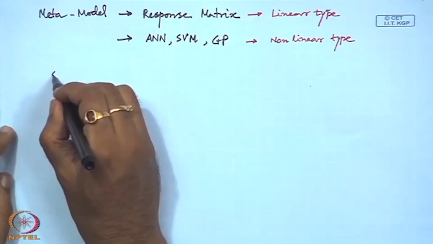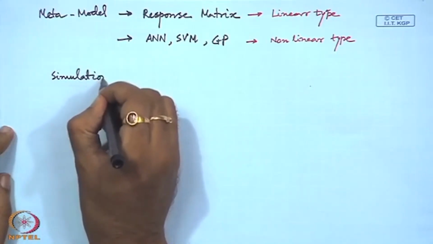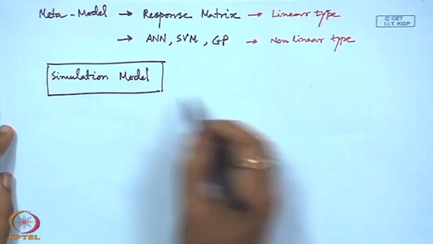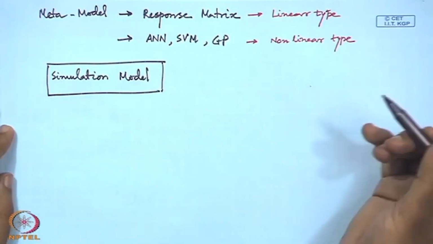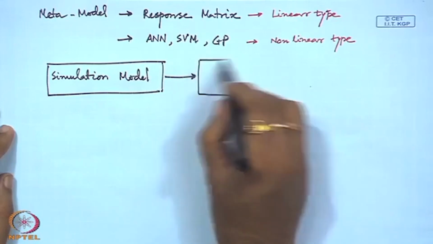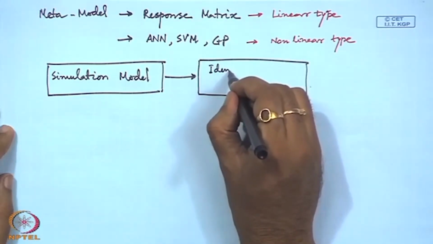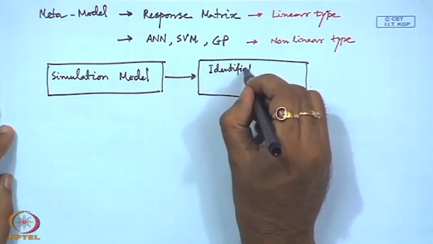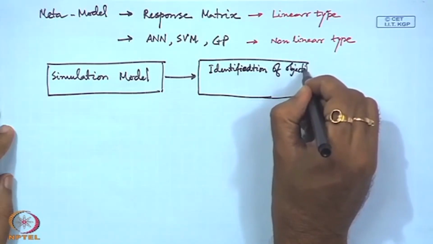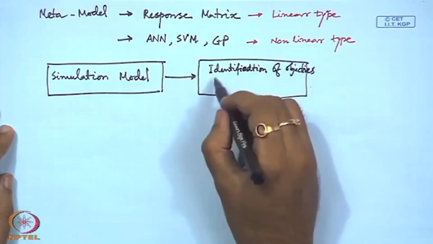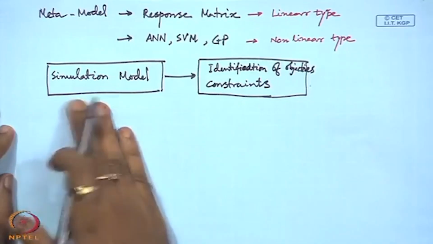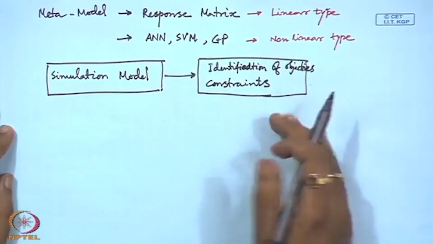The first part is the simulation model, that is, the original simulation model or a meta model, then identification of objectives and constraints.